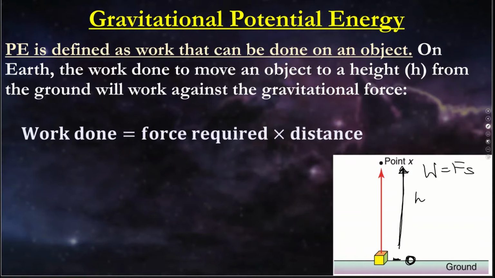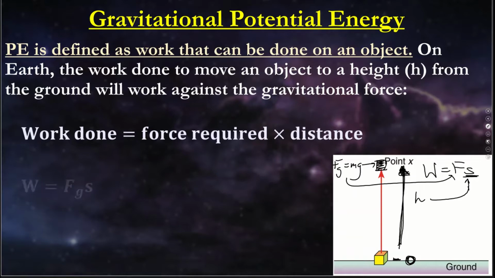When it comes to gravitational force, the force that's going to be exerted on this object at this very top point here is going to be Fg, mg, mass times acceleration due to gravity. S, on the other hand, is going to be replaced with h. So the type of displacement we're looking at is a vertical displacement, so this becomes h, F becomes mg.